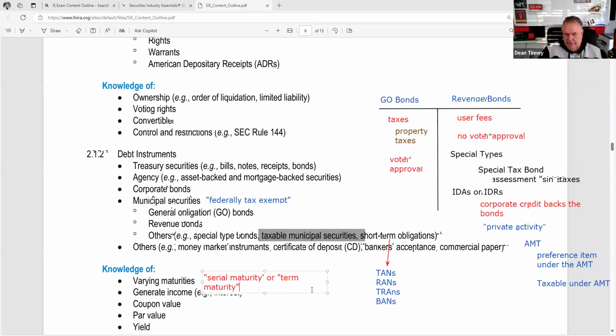So, knowledge of varying maturities. And in terms of how it relates in our bond portfolio, I should know that the varying maturities also have risk. One thing I should know about bonds is that if I have longer term maturity bonds, they're going to have more volatility.